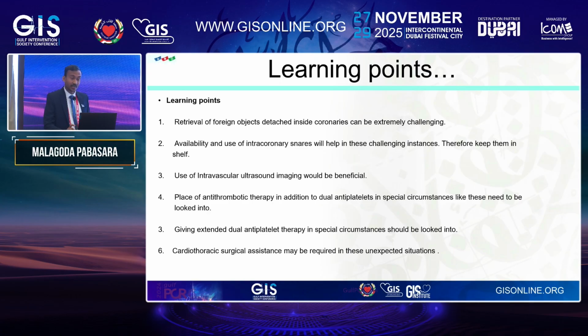In this patient, as there was foreign material that we crushed against the wall, we put her on triple therapy for 1 week, then dual antiplatelet therapy. So the place of antithrombotic therapy in addition to dual antiplatelets in these circumstances should be looked into, and cardiothoracic surgical assistance is required. They were on standby in this case.